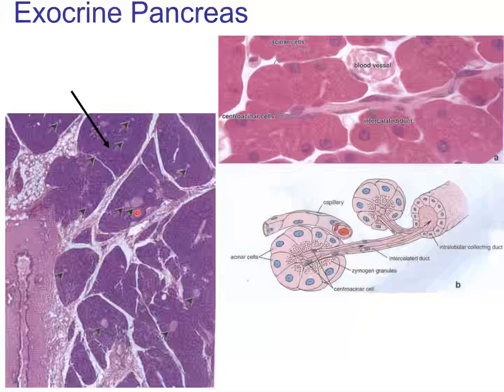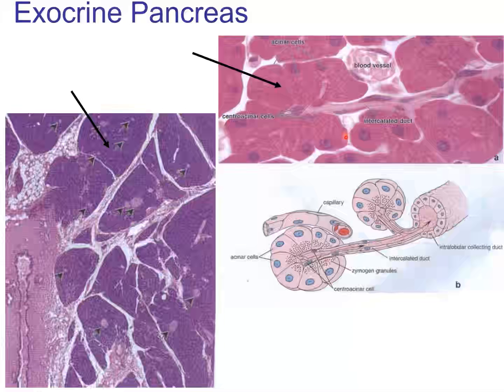These are the islets of Langerhans which secretes insulin and glucagon. But insulin and glucagon are released into the blood vessels. So the endocrine portion is ductless gland.